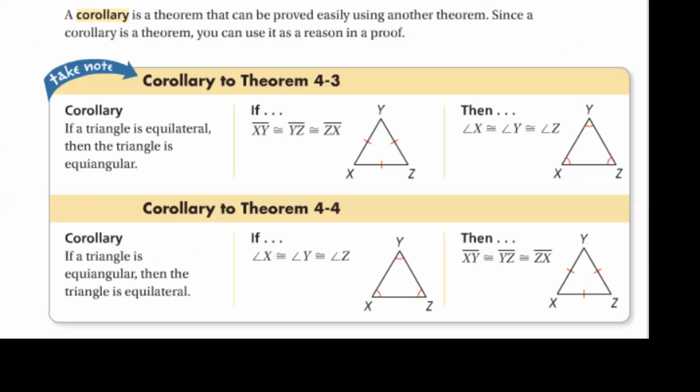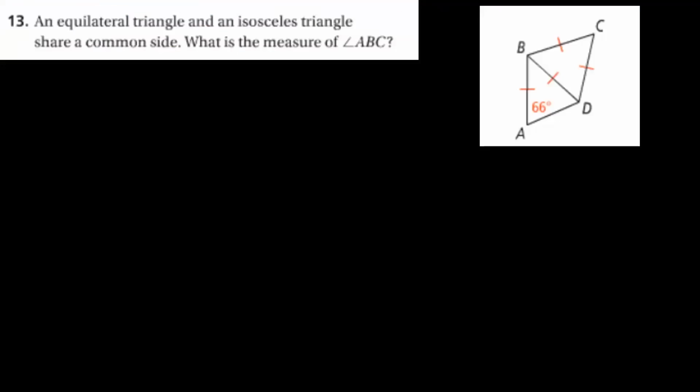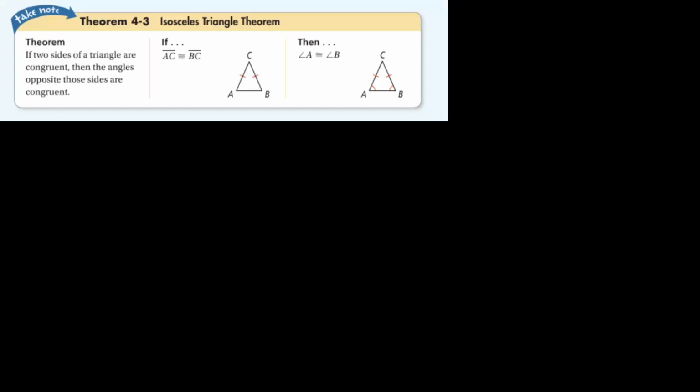These are the theorems that we talked about. Here now we will talk about a corollary. A corollary is a theorem, but it is a result of the previous one. If you go back to theorem 4.3, where's 4.3? It is this one. Here it is a result of this theorem.